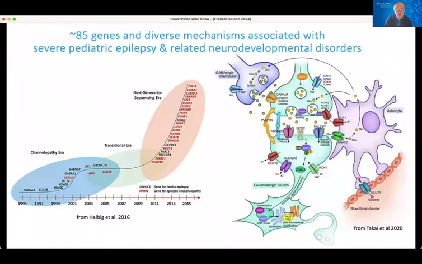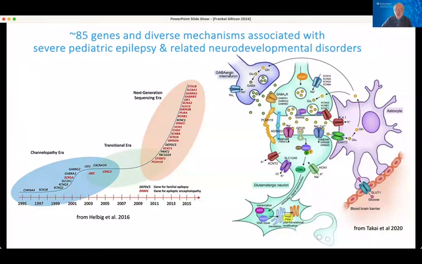As many of you know, severe pediatric epilepsy and related neurodevelopmental disorders that are largely difficult to treat have a significant genetic component. They're rare or ultra rare individually, but collectively they're more and more common. There are at least 85 genes now known to be involved, thanks much to exome and now genome sequencing in the past 10 years.